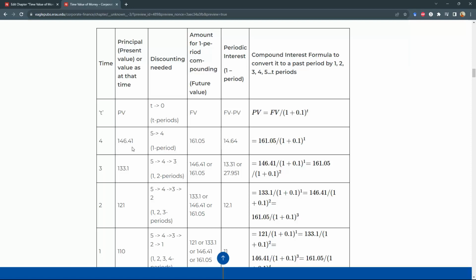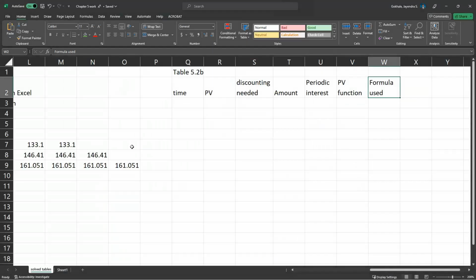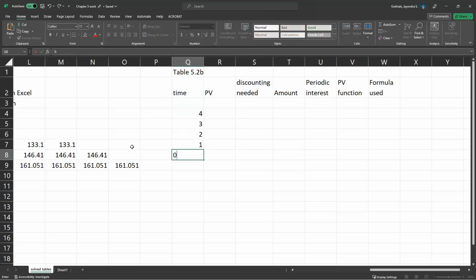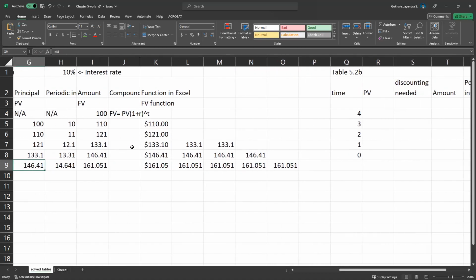Let us see that through a demonstration. So the present value we'll be using is for time t equals 4, 3, 2, 1, and 0. Now we have already done the progression of present value to future value.